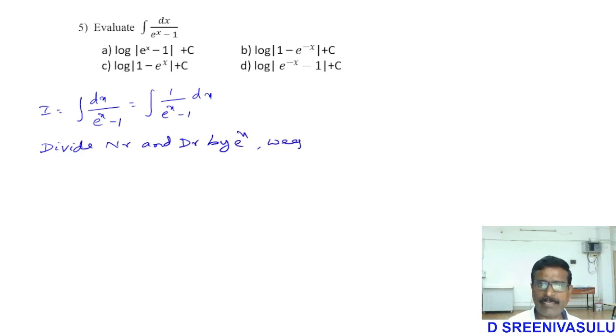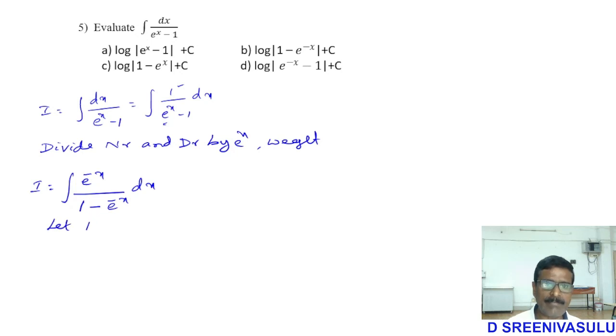We get I is equal to the integral of 1 by e power x, which is e power minus x, divided by e power x by e power x, which is 1, minus 1 by e power x, which is e power minus x, dx.